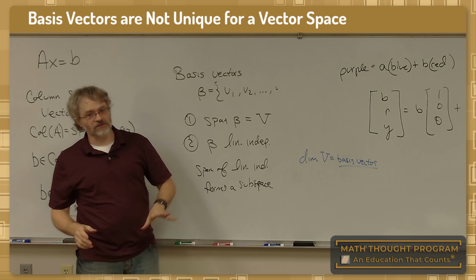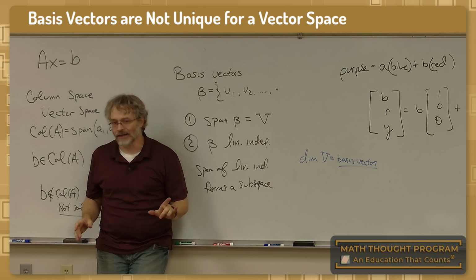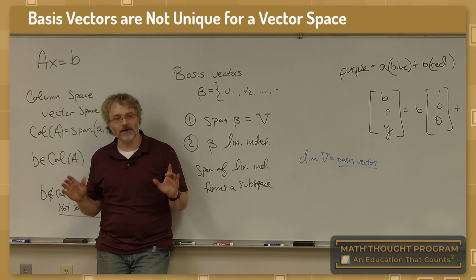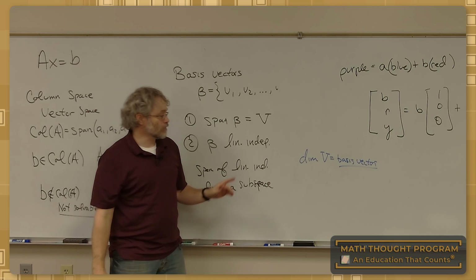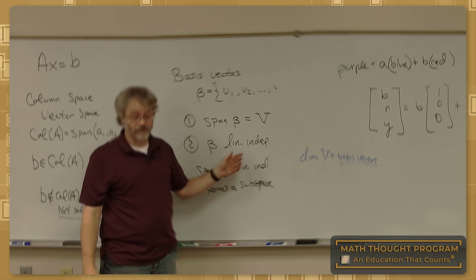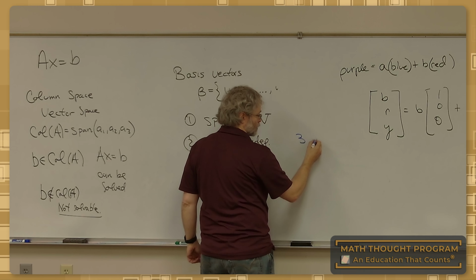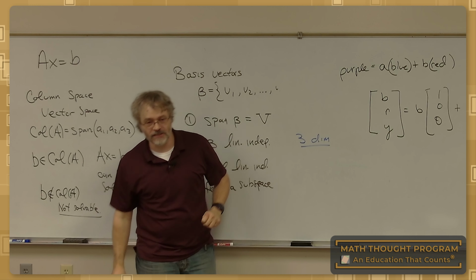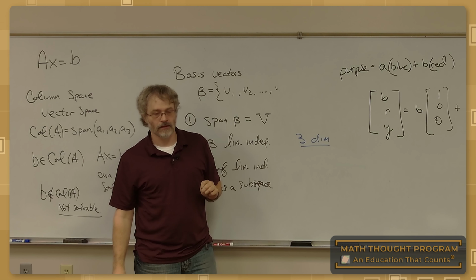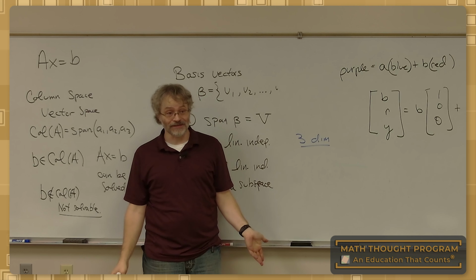So every vector space will have a basis set of vectors, but it does not need to be unique. All you need are basis or linearly independent vectors. If you're in the third dimension, you need 3 basis vectors. Any 3 would work as long as they're linearly independent.